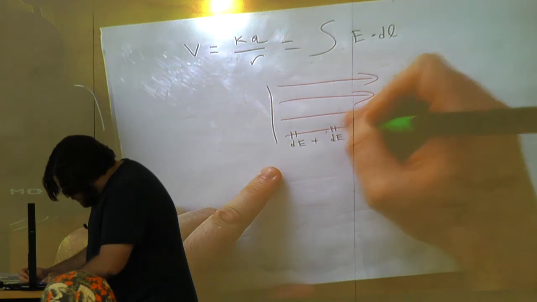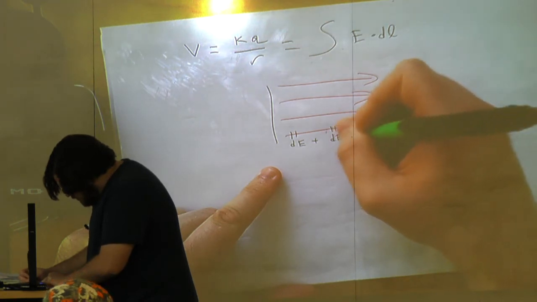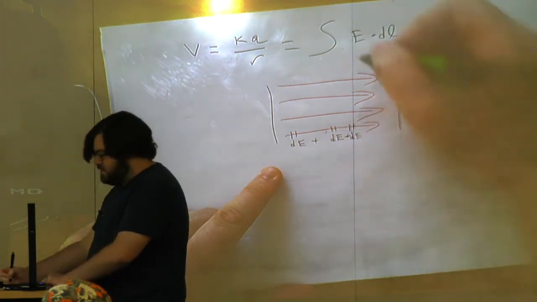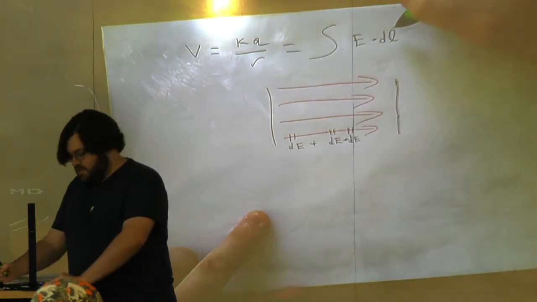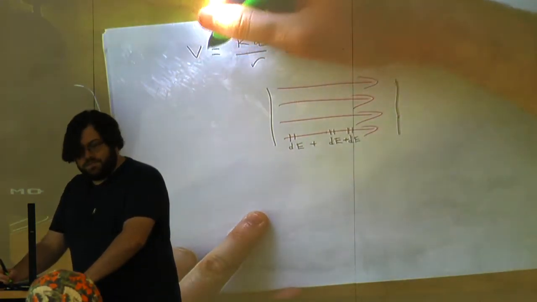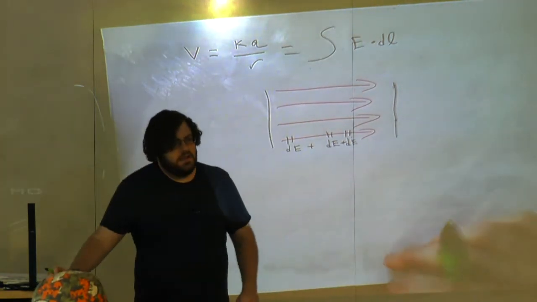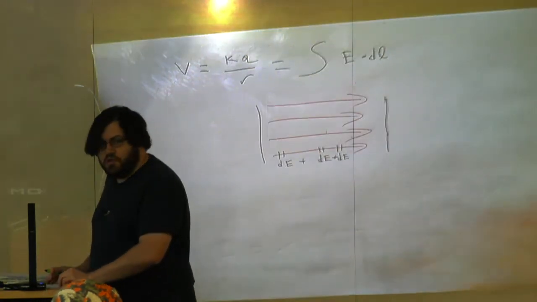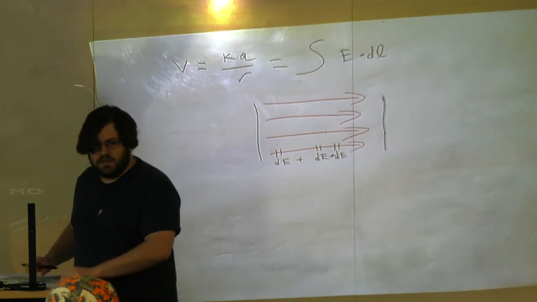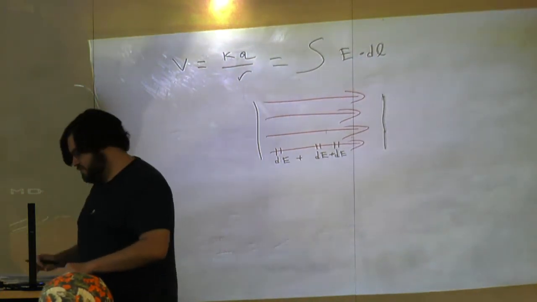I'm just going to add up all these little bits of field along the path. And that sum of all the field is going to give me my potential. Okay? And it is not a vector because it is not actually a real thing in space. It's a sum of real things in space.